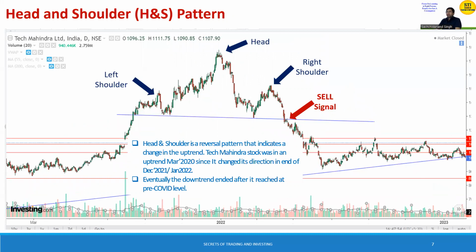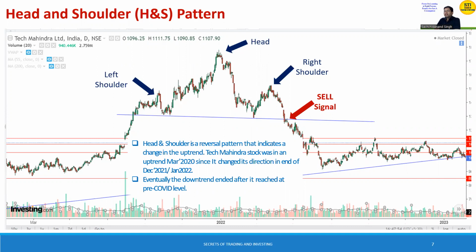And the first chart pattern, the bearish trend reversal, is called head and shoulder, or in short HNS pattern. Head and shoulder, very famous and well known. Whenever it appears on the chart, it is known as a bearish trend reversal.